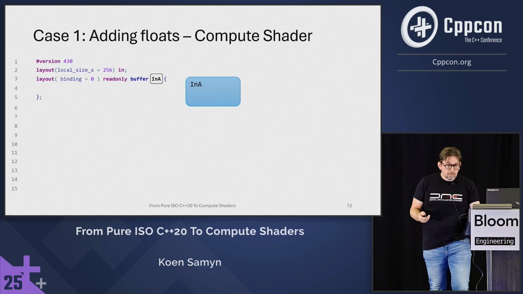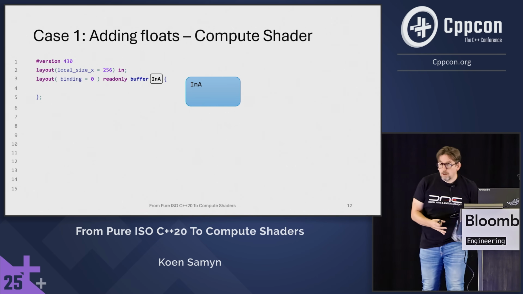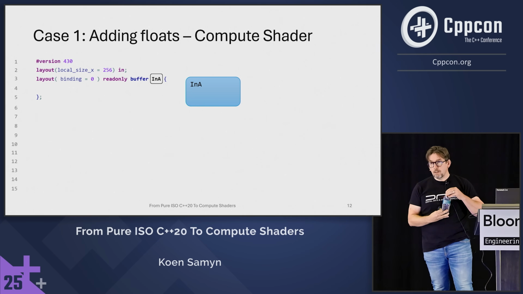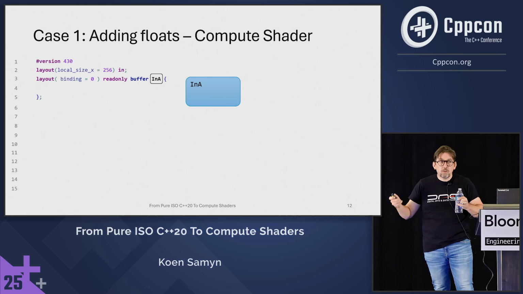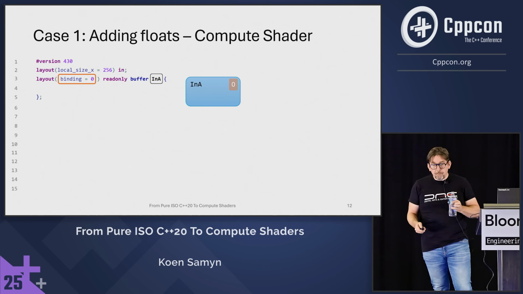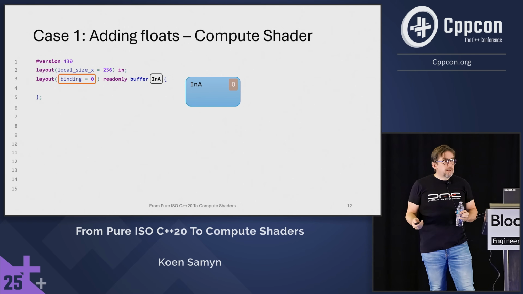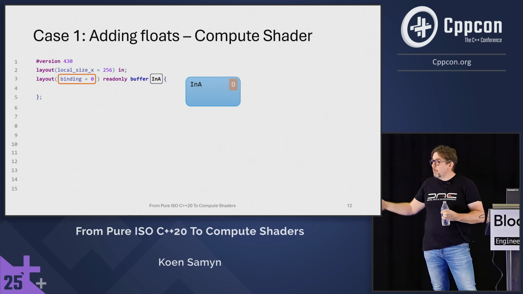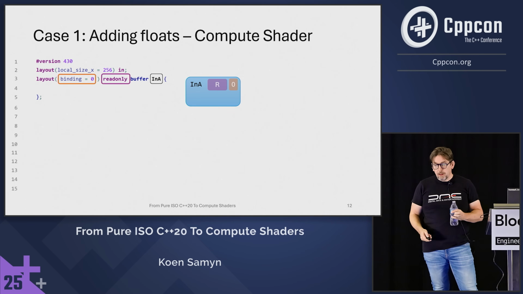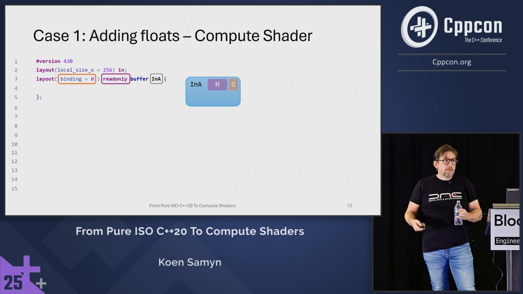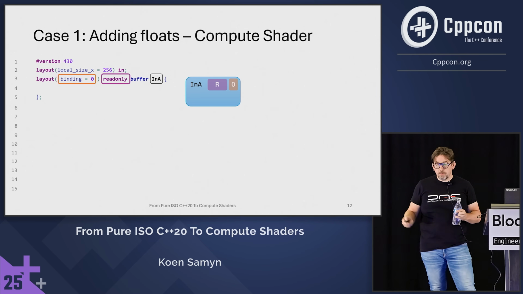It has a name. The name is not too important. I haven't seen a real good use of that name, but you have to name it something. You have a binding, which is an identifier to make it easier to put stuff inside of that buffer. And it can be read-only. You can only read from the data.